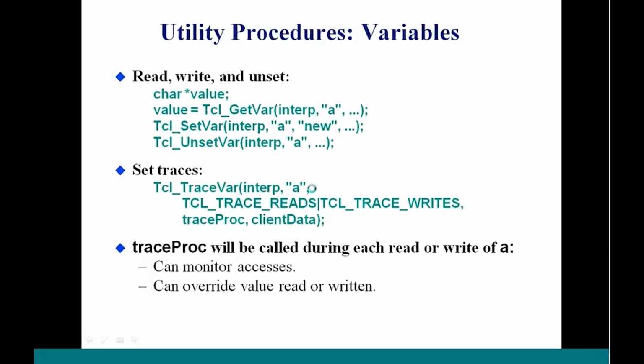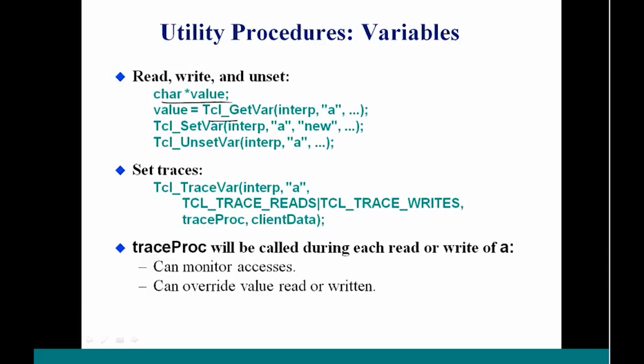So in utility procedures, what are variables essentially like? Basically they can be read, written, or unset. So here is an example, where we have a char star value.